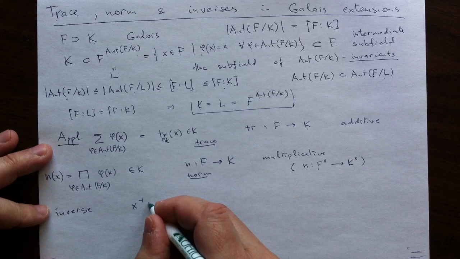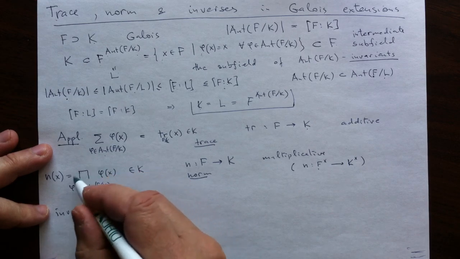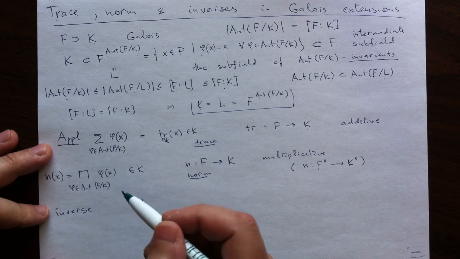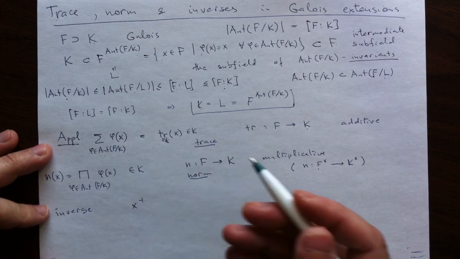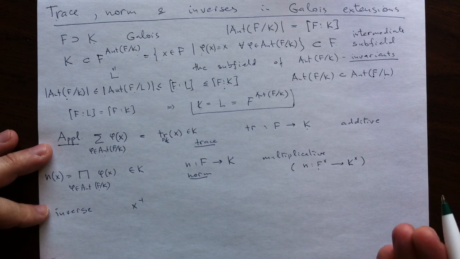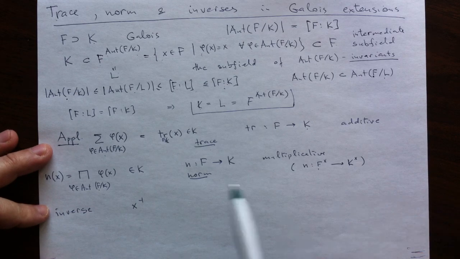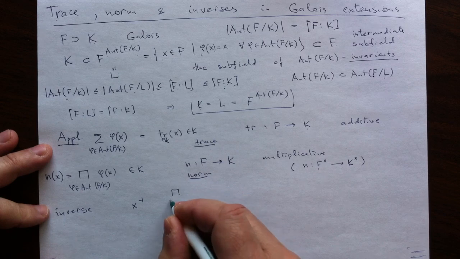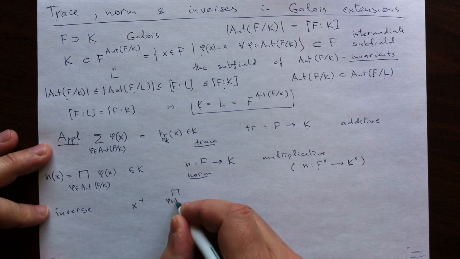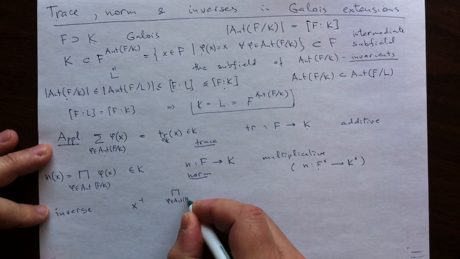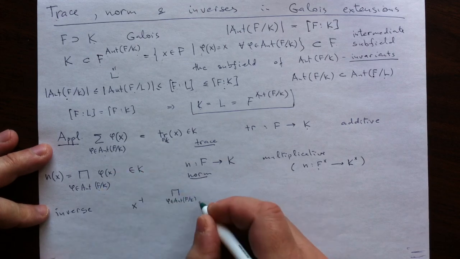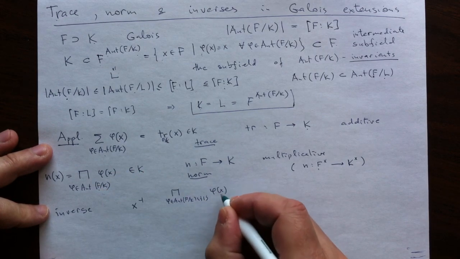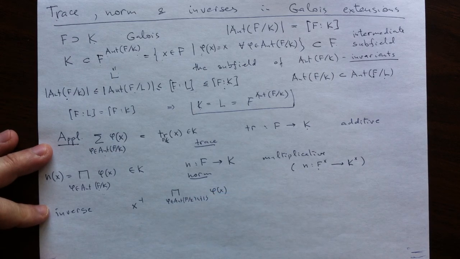So what we can do, we can just take this product. One of those factors is X itself, and the rest of those factors is effectively the inverse. Well, it's not exactly that, X times the rest. Let me just write the rest here. It will be all the symmetries but the one which gives us X, which is the identity applied to X, and then take the product of those.